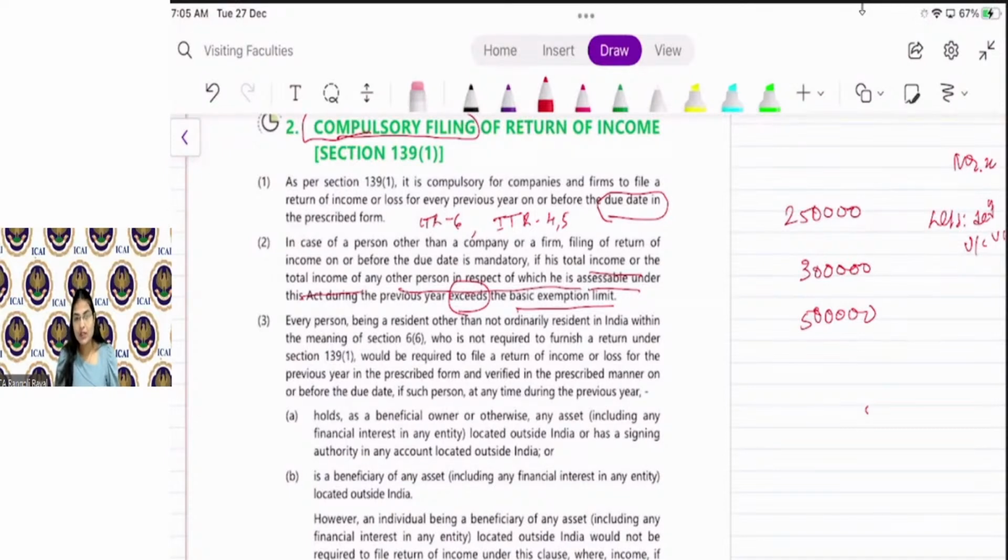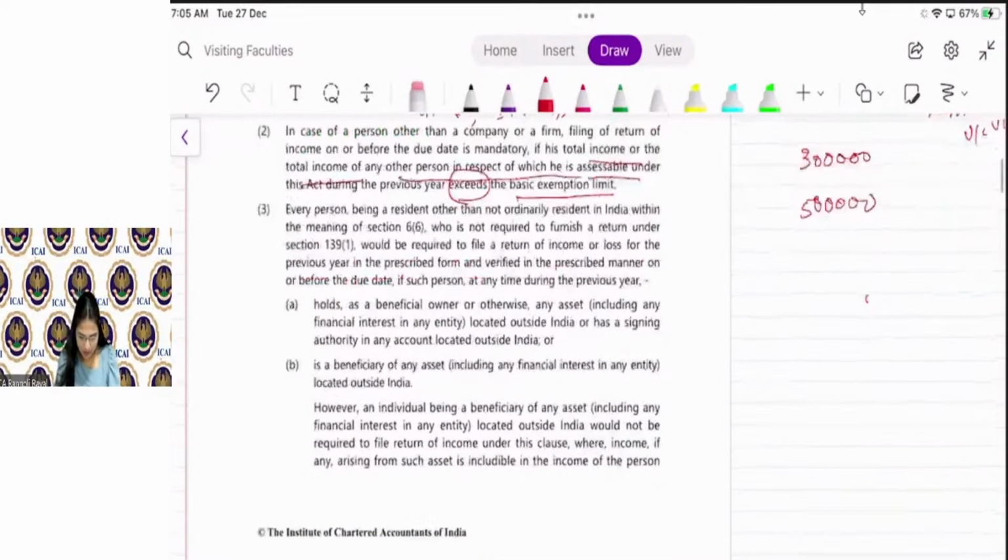But they have to file their return of income if the following conditions are satisfied. Point 1 says that they hold, as a beneficial owner or otherwise, any asset, including financial interest in any entity located outside India, or have a signing authority in any account located outside India.